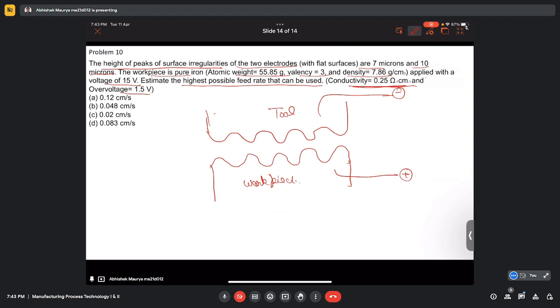First of all, the height of the peak of surface irregularities for the two electrodes is given as 7 microns and 10 microns. What does it mean?